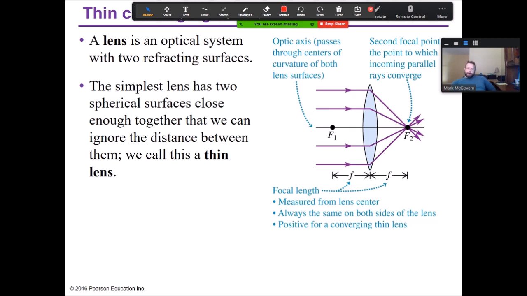So, like I said, we are going to run under the assumption here that our lens is sufficiently thin, so that we're really only considering the light being refracted one time through here. As you can sort of see in the picture here, we kind of assume everything just happens right on the midpoint here. Anyway, now what's interesting about lenses, though, is that light can go either way. It's not like a mirror. And so we actually have two focal lengths, but they're the same distance on either side.